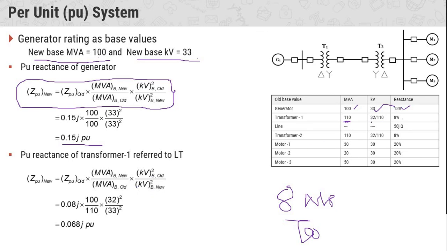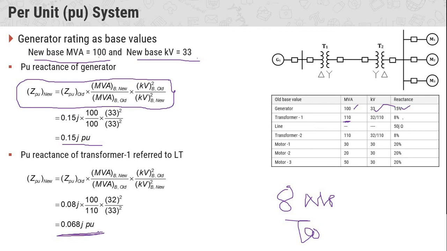kV old for the transformer is 32. So 32 square divided by kV new, which is the base value, so this is 33. So 33 square. By using a calculator and cancelling out, we get a value of 0.068 j PU reactance for transformer 1.